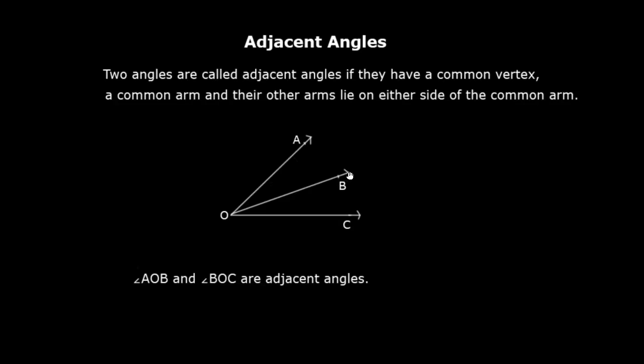So, angle AOB and angle AOC are not adjacent angles. Similarly, angle BOC and angle AOC share a common arm OC, but their non-common arms lie on the same side of common arm OC. So, they are not adjacent angles. So, only angle AOB and angle BOC are adjacent angles.